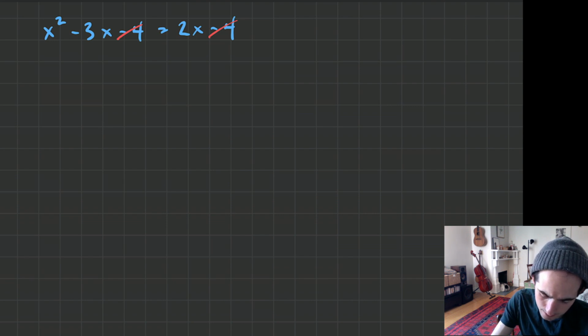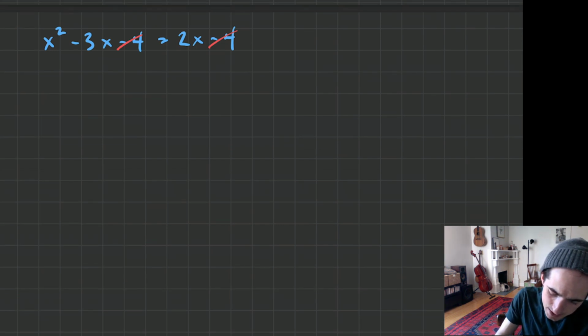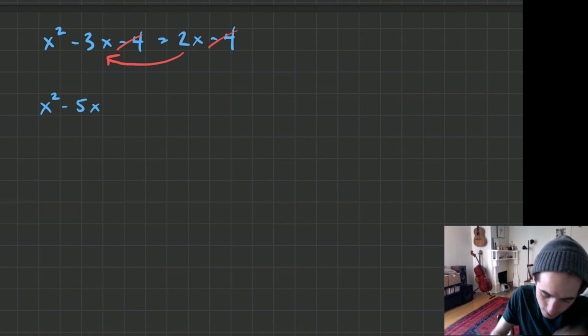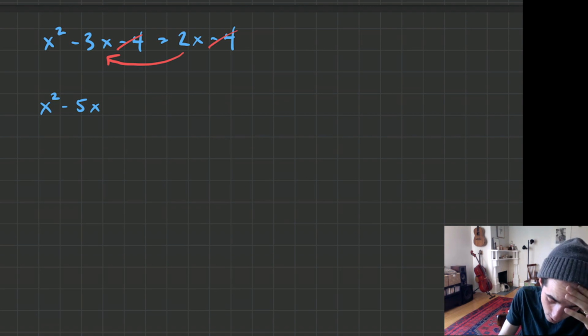And I'm also gonna take this 2x and subtract it from both sides, effectively moving it to that side. So I have x squared minus, well, negative 3 minus 2 is negative 5. We've got x squared minus 5x, and then those 4's canceled out, so this is all equal to 0, right?